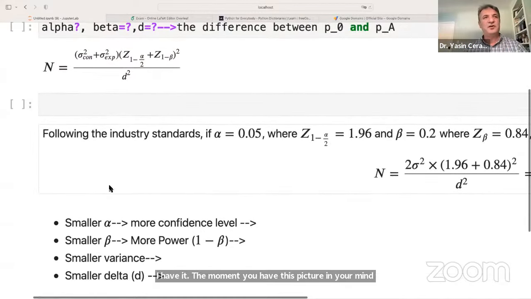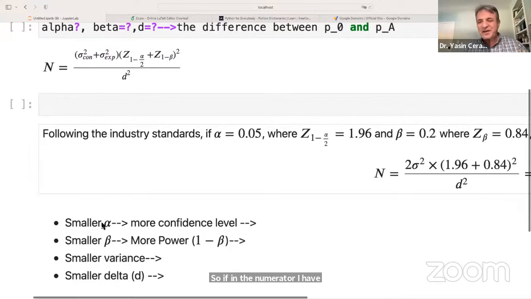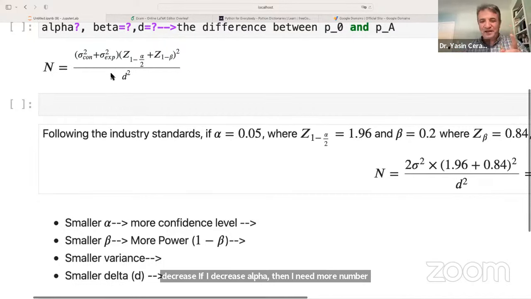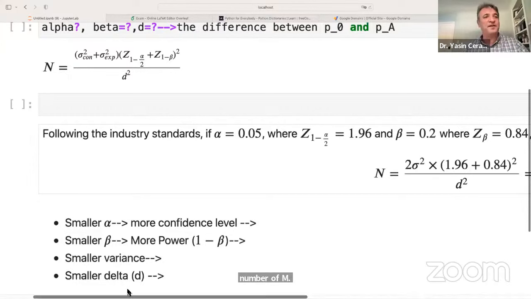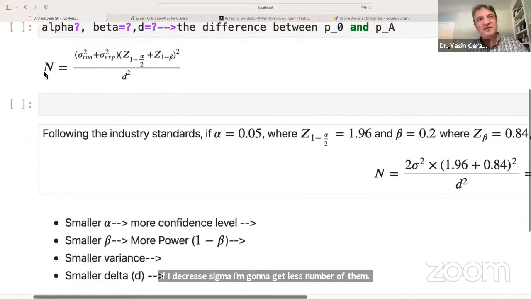So if in the numerator I have 1 minus alpha, if I decrease alpha, then I need more N. If I decrease beta, again, I need more N. If I decrease sigma, I'm going to get less N. If I decrease D, because it's in the denominator, I'm going to have more N. So just very simple algebra here.